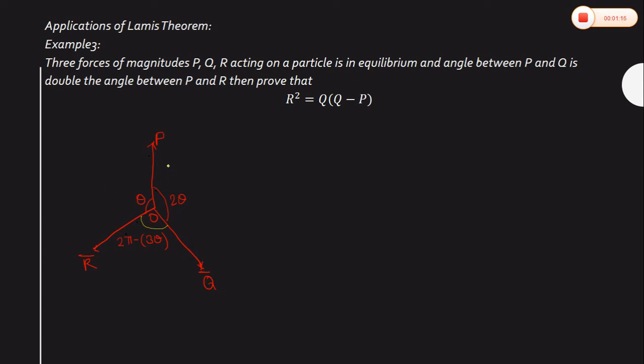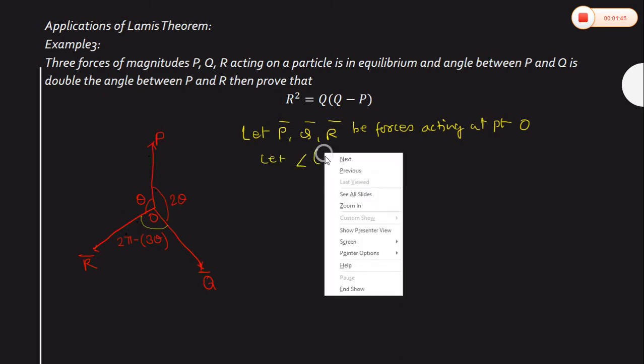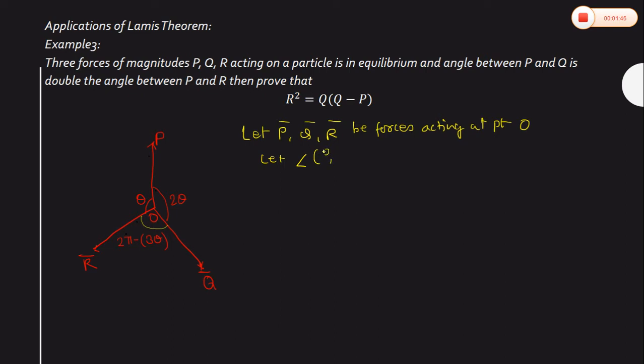First of all, give all the information which you are observing in the figure. So let P bar, Q bar, R bar be the forces acting at point O. Now let the angle between P and R be theta.